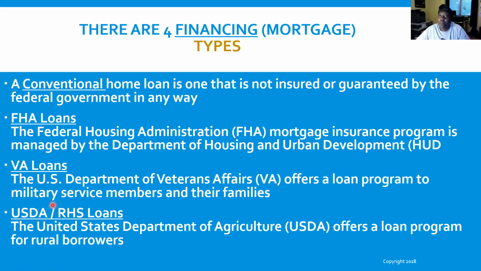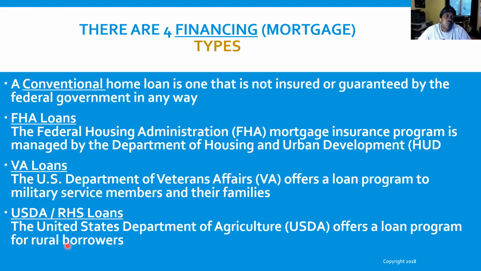And then a VA loan is backed by the VA, and that's only for veterans. So you have to be a member of the military or a family member in order to get a VA loan. The USDA is for the country, when rural borrowers are borrowing money for their type of loan.